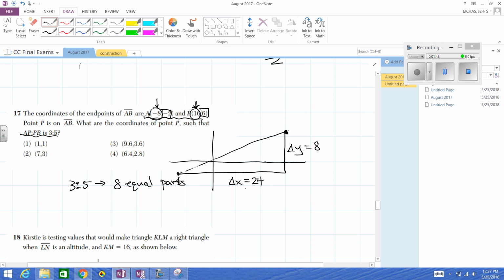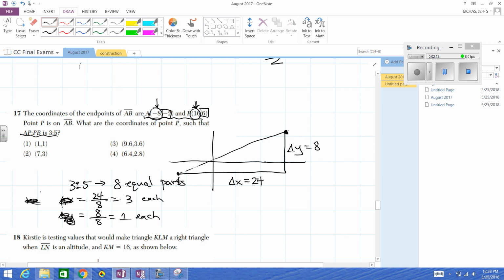We've got to take a change in x of 24, but then split it up into 8 equal parts, which is 3 each. Change in y, which is 8, we're going to divide by 8 and get 1 each. That's for the partition, I should say.